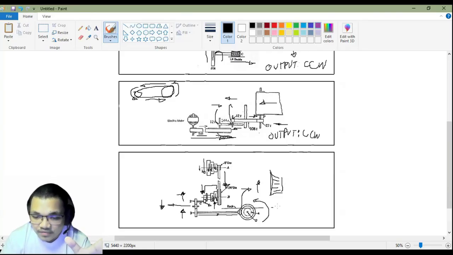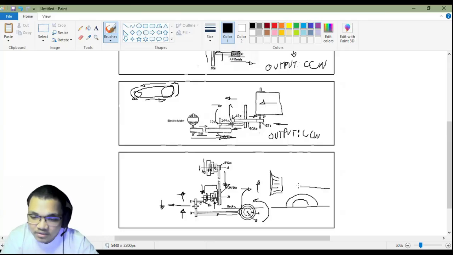So if there's a rack, gear G will be showing only this part. Thus, the gear will be rotating towards the left. So the output of this part, we can say that it is going counterclockwise or left.